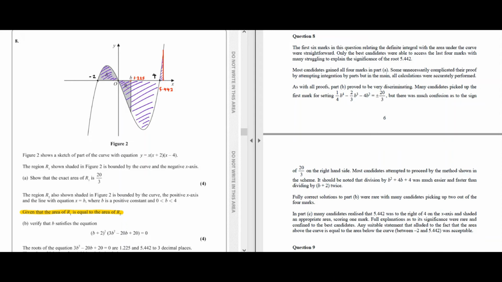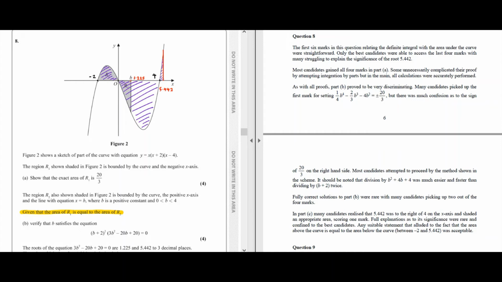Many candidates picked up on the first mark for setting a quarter b to the 4 minus 2/3 b cubed minus 4b squared equals plus or minus 20 over 3, but there was much confusion as to the sign of 20 over 3 on the right hand side. Remember, we talked about it should be negative because it's below the x-axis, because we're talking about integrals.